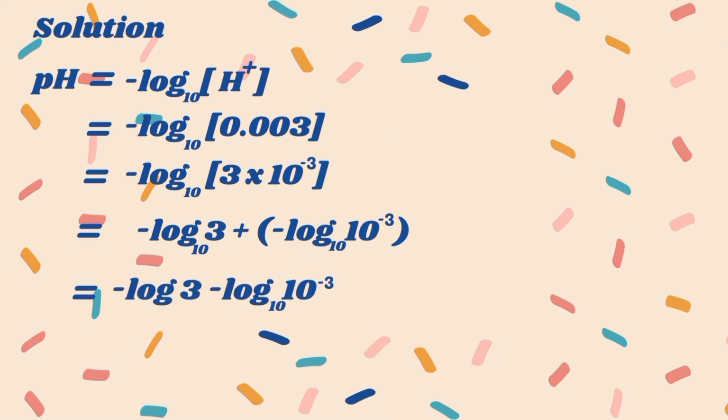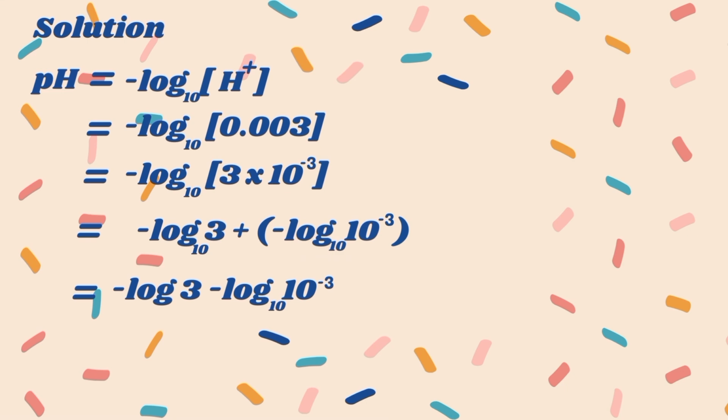So the next thing we need to do is to open our bracket. So opening the bracket, you have negative log 3 base 10 minus log 10 raised to power 3 base 10. So you take note of that.